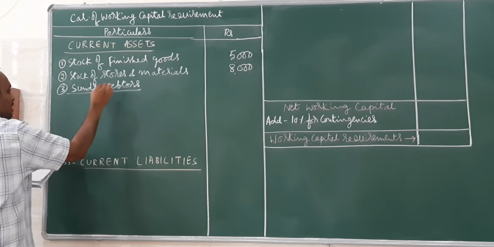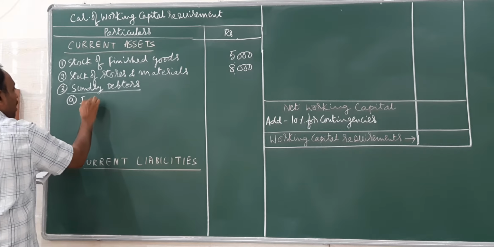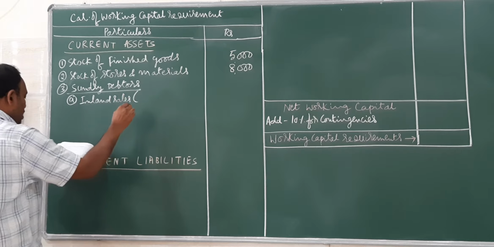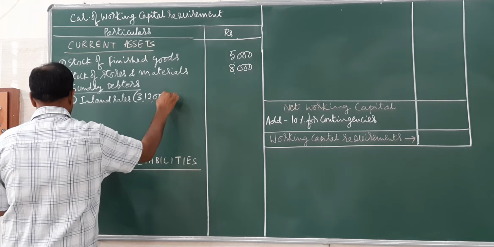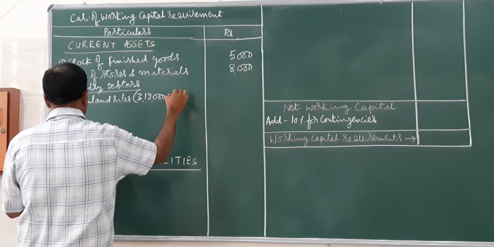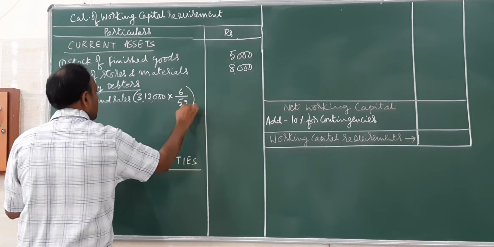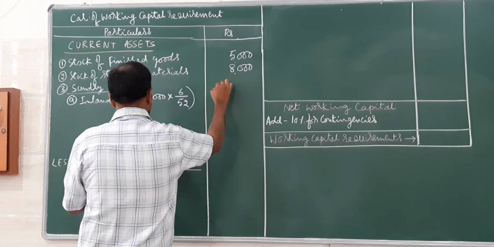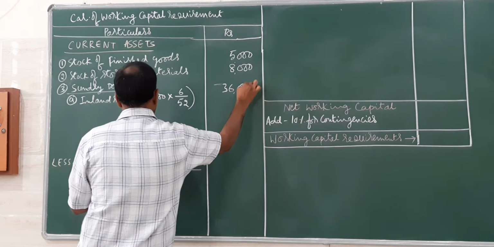Under current assets you have sundry debtors, category A there, inland sales. For 1 year it is given as 3,12,000, and in the bracket it is given 6 weeks credit. So 6 weeks divided by total 52 weeks in a year, it amounts to 36,000.